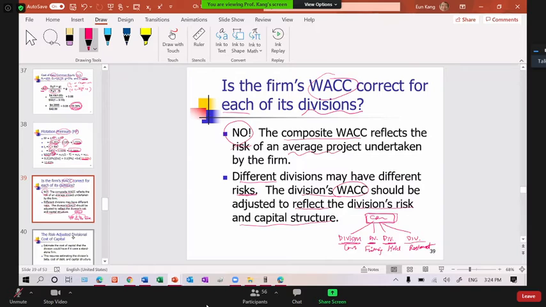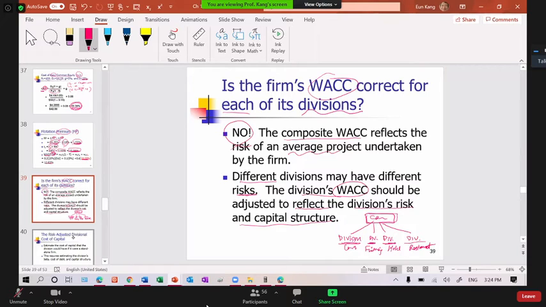But how about relatively safe divisions? Their projects are safe, so their returns are low. Because of having just one cost of capital, those safe divisions' projects may not be taken, even though they are really good compared to their risk.